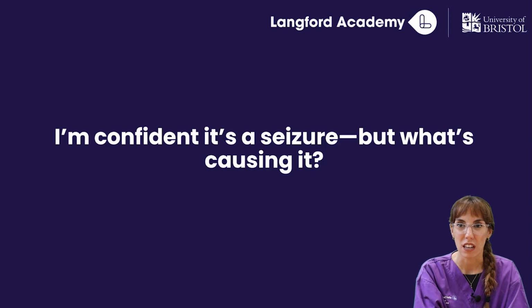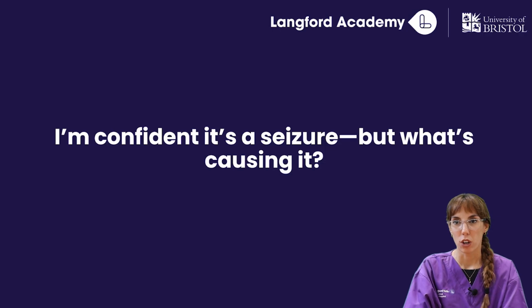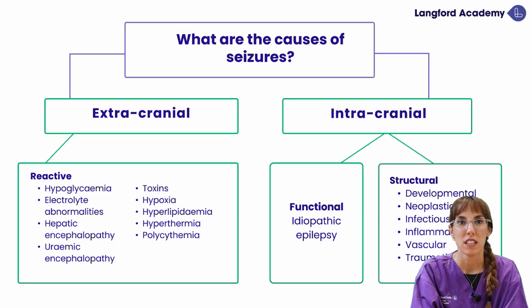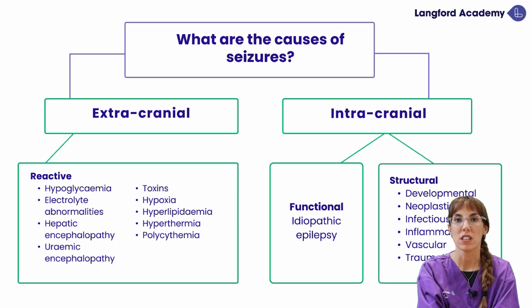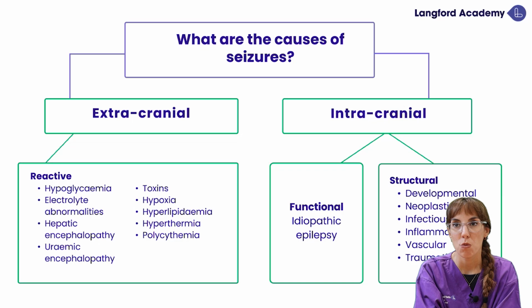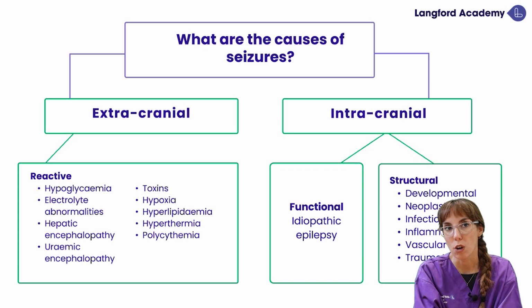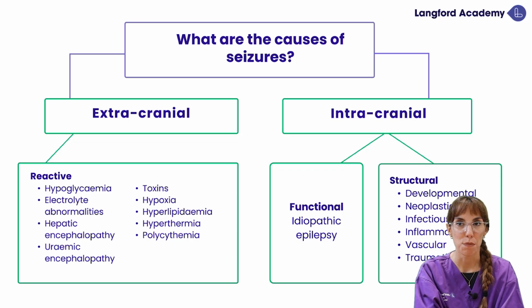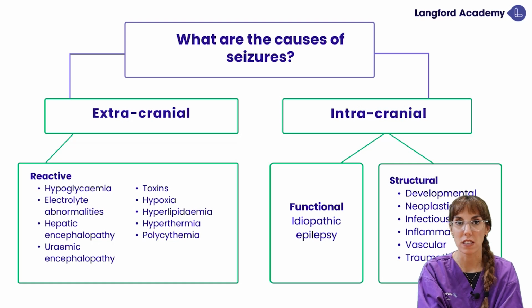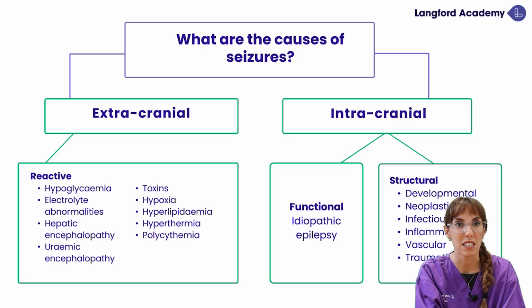What could be causing a seizure? So we generally divide seizures into extracranial or intracranial in course. Your extracranial causes are basically your metabolic or toxic disturbances, such as hypoglycemia, hepatic or renal dysfunction, hypothyroidism, exposure to toxins such as carbamates, organophosphates, lead poisoning, ethylene glycol, metaldehyde, strychnine, or chocolate toxicity, for example.